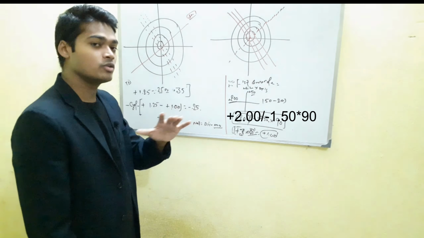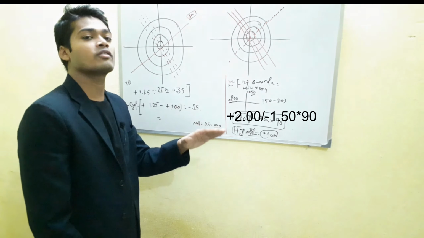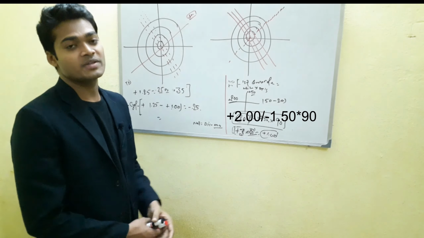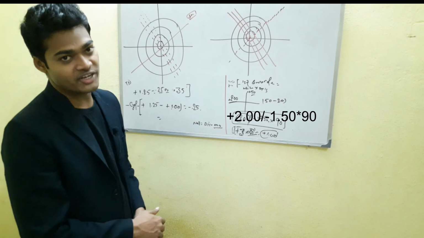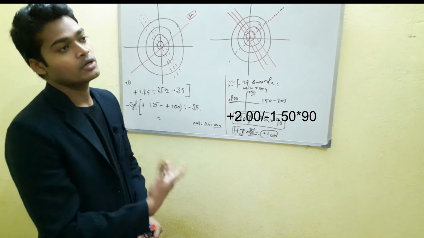After that you find out what power is already prescribed, and from that prescription and your lensometer findings you make a new decision to instruct the patient, along with what you found by using retinoscopy or subjective refraction. So thank you.